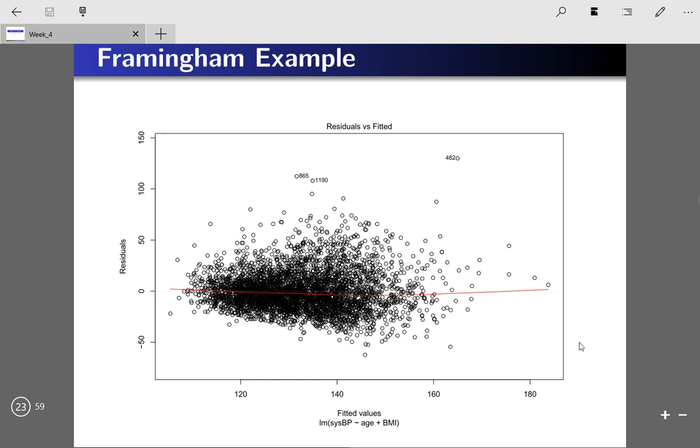That would be when independence is potentially violated. So maybe like an oscillating pattern or a U-curved shape overall, but we just see this cloud of points. So that supports the notion that independence of the residuals is met here.